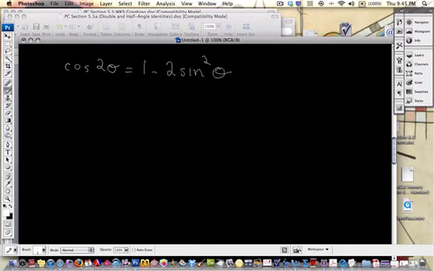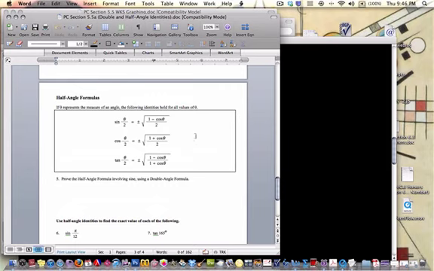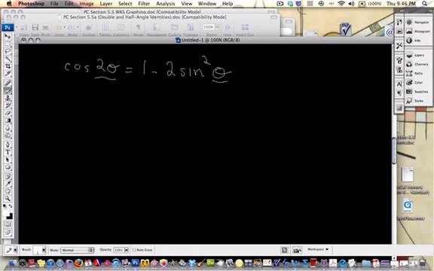This was one of our double angle identities. It told us how to take a double angle 2 theta and write it in terms of a single angle theta. But now we want to do the opposite. Now we want to take a half angle theta over 2 and write it in terms of a single angle theta. So we can kind of accomplish that trick.